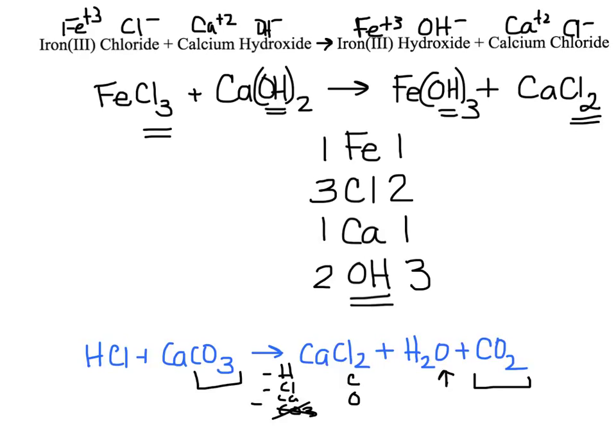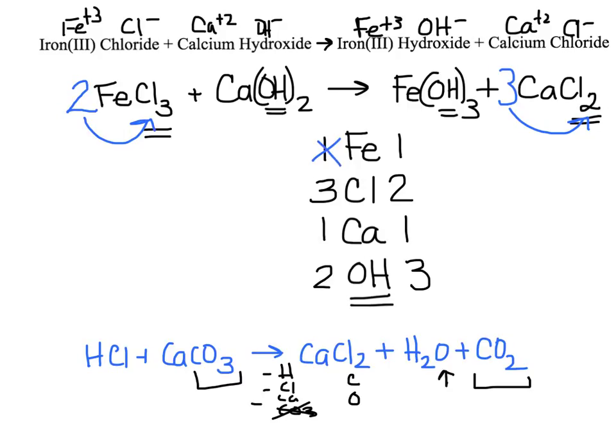But we're not going to do what we did with the combustion problem. In this case, what we can do is we can find a least common denominator. In other words, if I know that 3 and 2 both go into 6, then if I put 2 of these and 3 of these, I will now have 6 chlorines, and 3 times 2, 6 chlorines. So I'm using a least common denominator in this case.